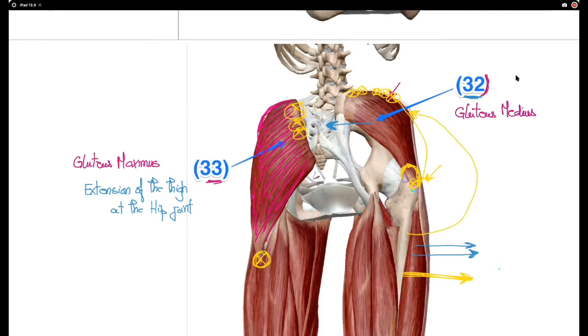If I'm moving towards the midline, I am performing adduction. If I'm moving away, it's abduction. So here, gluteus medius is going to allow the movement of the thigh away from the midline. In other words, it's going to be performing an abduction of the thigh.